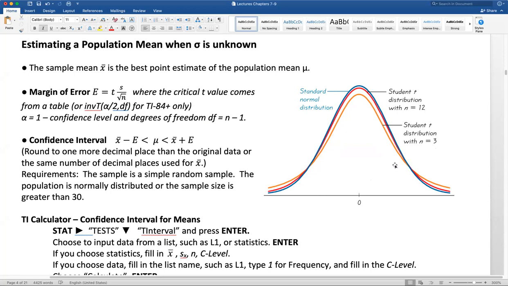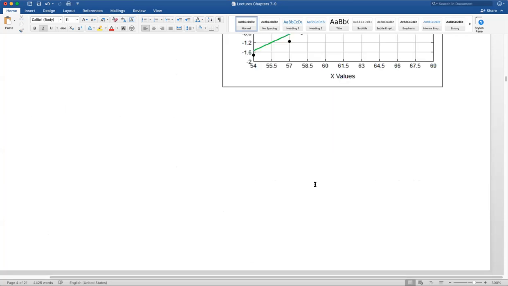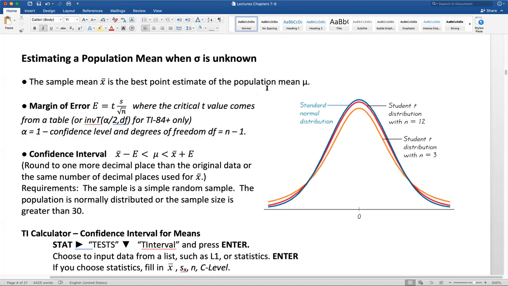Okay, so now alpha over 2. For example, given a confidence level of 95%, alpha is 0.05, so alpha over 2 is 0.025, right? That means, for example, right here, let's say this is minus t alpha over 2.